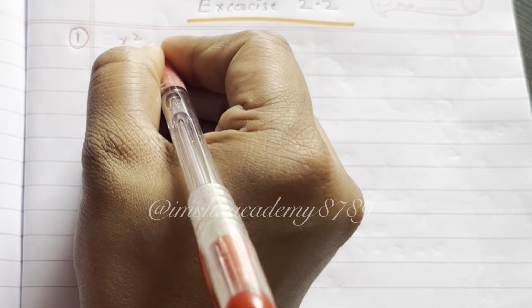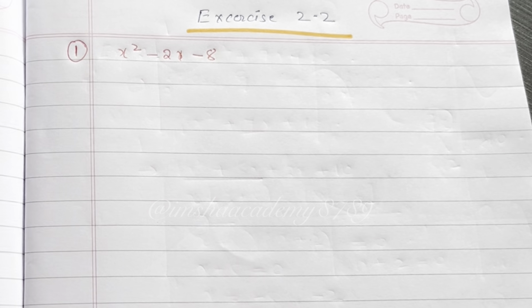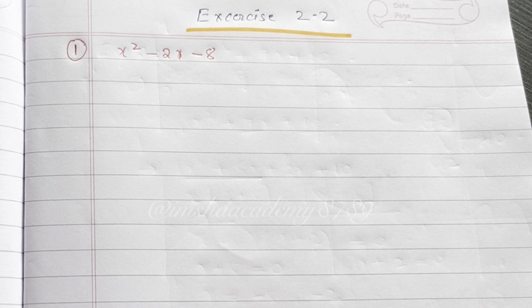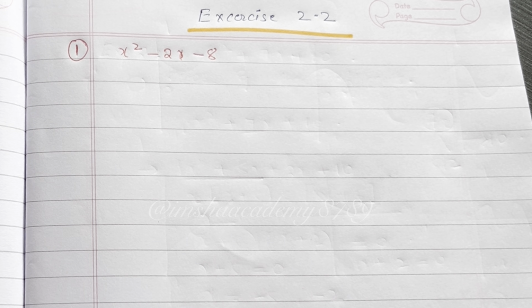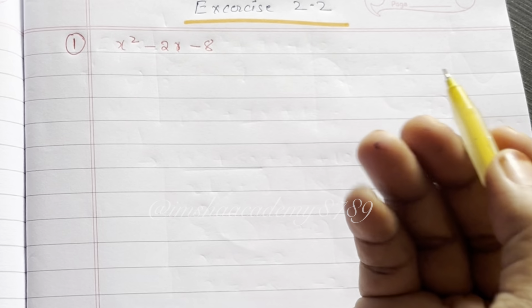The first question is number 1, x square minus 2x minus 8. You know, for finding the relationship between zeros and coefficients, you need to find the sum of zeros and the product of zeros. For that, first we need the values of the zeros for this quadratic equation.